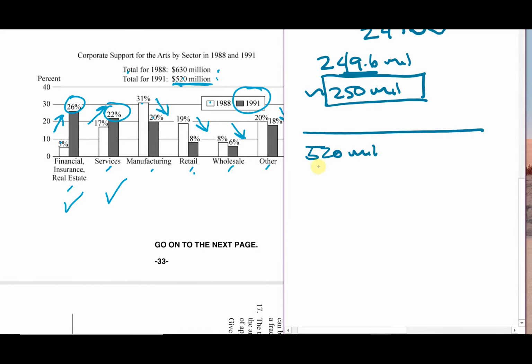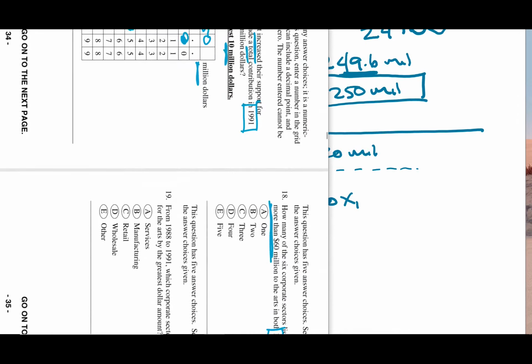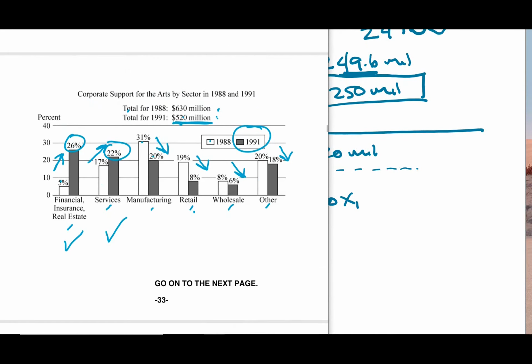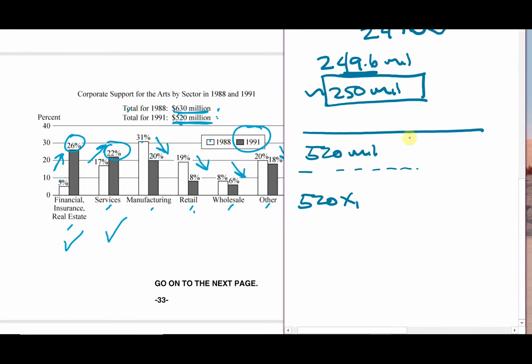So what we do in this case, I believe we're focusing on 1988 and 1991, so 630 mil. We're focusing on these two cases.